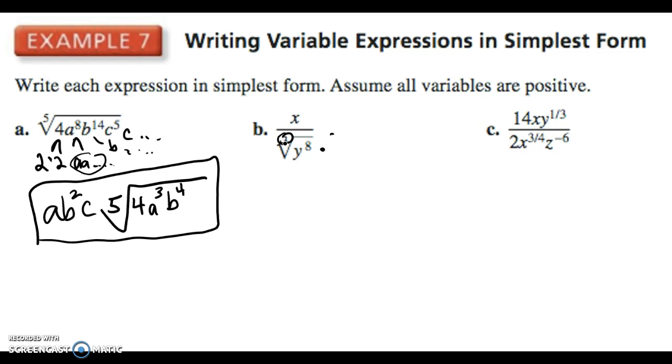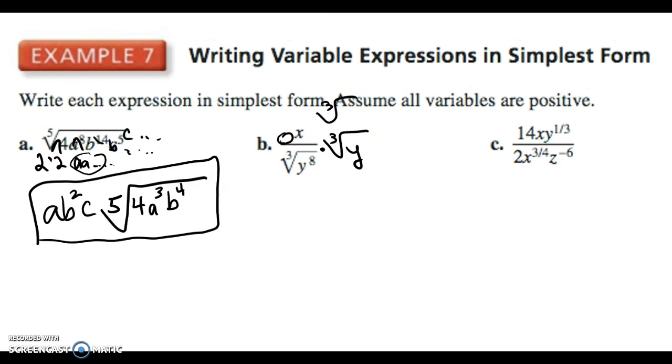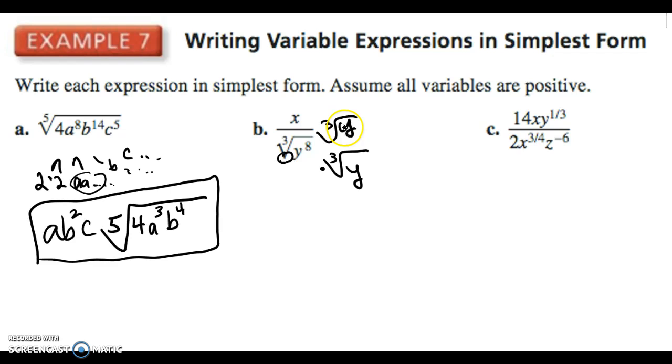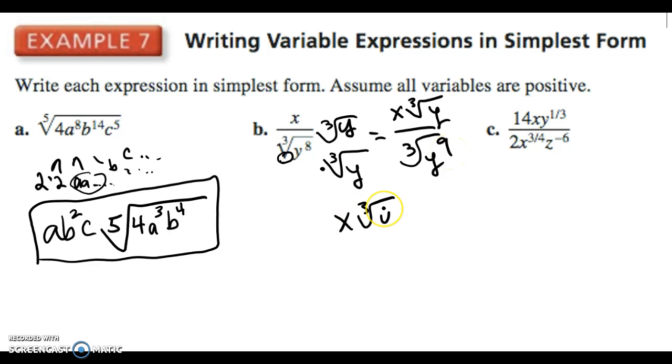So we're going to multiply the top and bottom by one more y, cube root of y, so that we'll have 9 in the denominator. So the new numerator will be x cube root of y, and in the denominator we're going to have the cube root of y to the 9th. So the numerator is not going to simplify, but in the denominator 3 goes into 9 3 times, so 3 y's will come out.